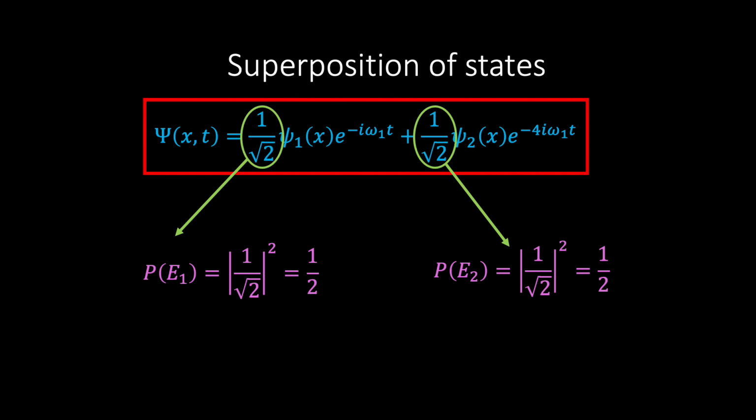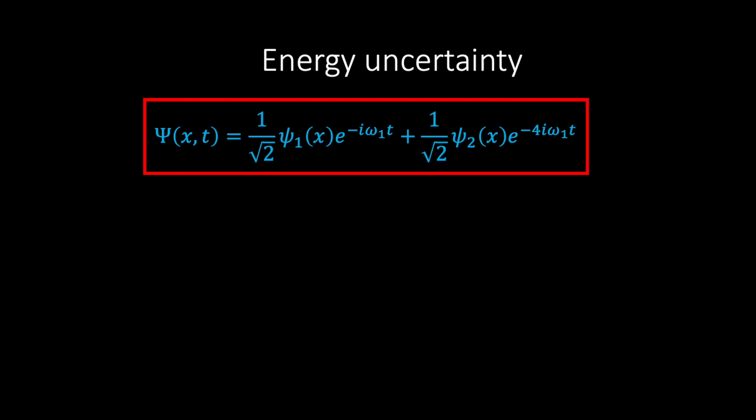This is telling us that there is an inherent uncertainty in the energy of the particle due to the fact that the wave function is a linear combination of two different energy eigenstates. To clarify this point, let's calculate the energy uncertainty, which, as we saw earlier, involves calculating the standard deviation of the energy.